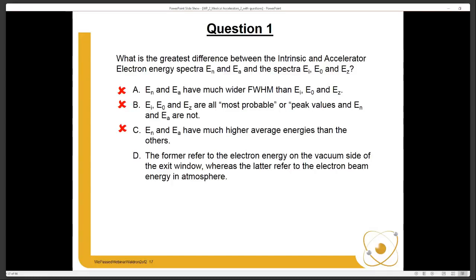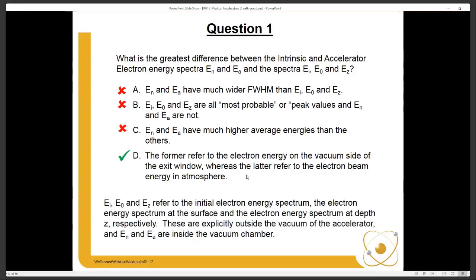And so that just leaves D. And yes, E sub n and E sub a refer to the electron energy spectrum on the vacuum side of the exit window, whereas these other three definitely refer to the electron beam energy after it's left the accelerator and is either in the air at the window or at the surface or at depth.